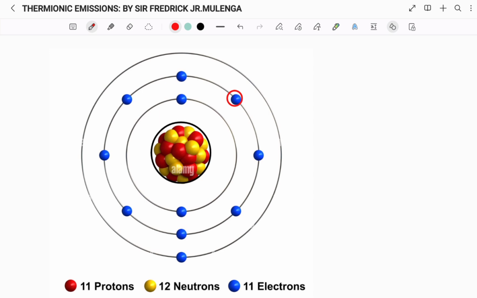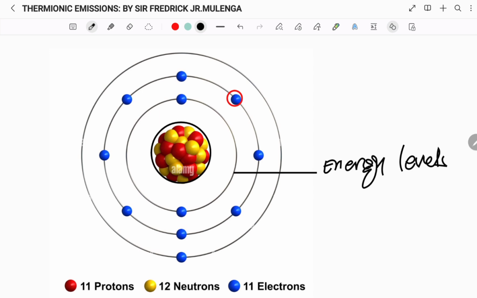We know that the first shell can hold a maximum of 2 electrons, but the rest of the shells can hold a maximum of 8 electrons. These shells are also called energy levels. Why?